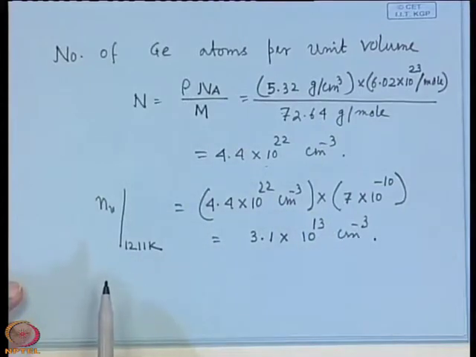That is 1 vacancy in 10 to the power 9 atoms. In aluminum, what we find? 1 in 6000. So, which is high? Aluminum, obviously. It is mostly because of the thermal expansion at melting point at higher temperature.